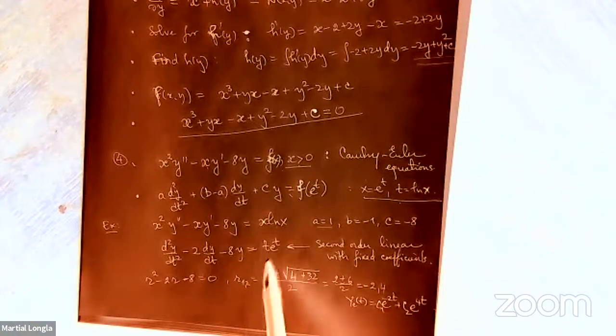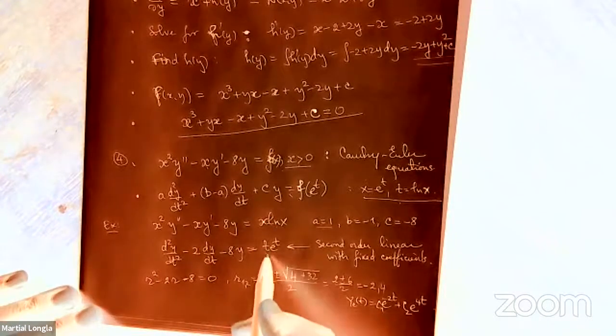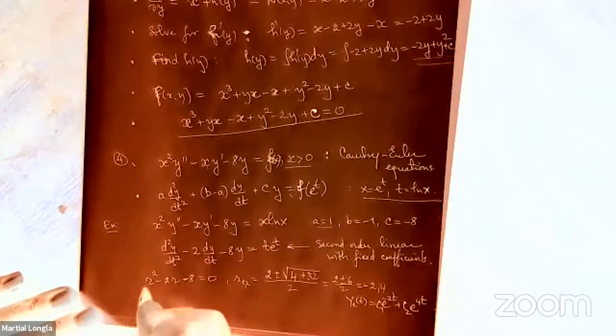And now, because this is a special right-hand side, we can do the method of undetermined coefficients to find the answer with that right-hand side.